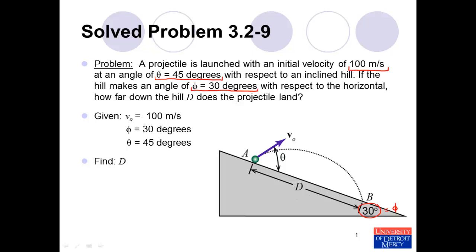And so within the book, you can find the details of the solution of this problem. With projectile motion problems in general, we like to use a rectangular or Cartesian coordinate system. So we define an x-coordinate axis that's horizontal, and a y-coordinate axis that's vertical.